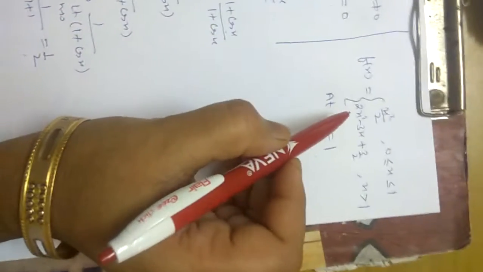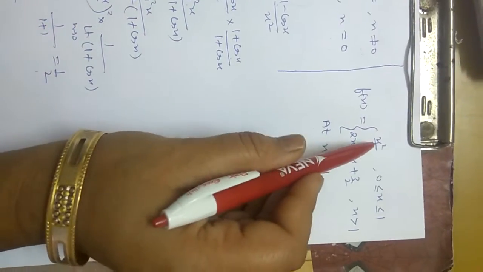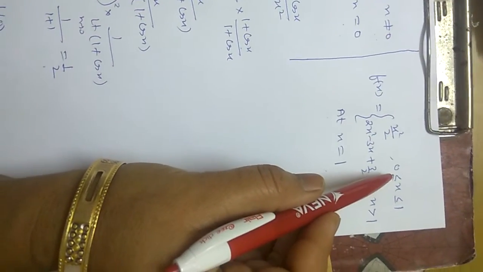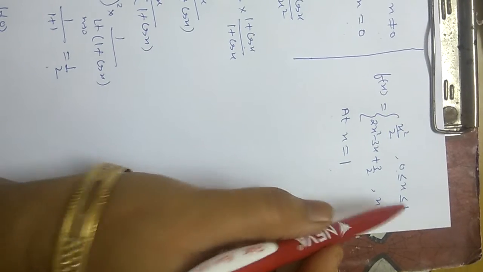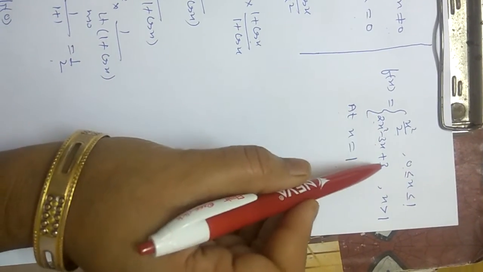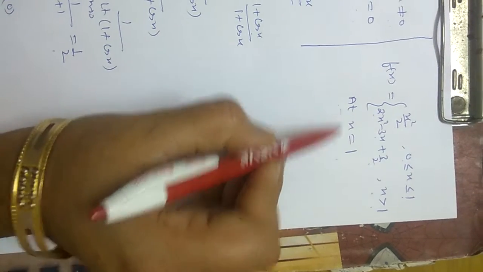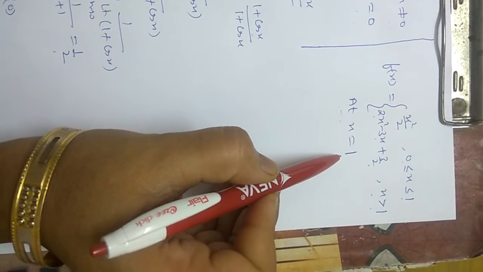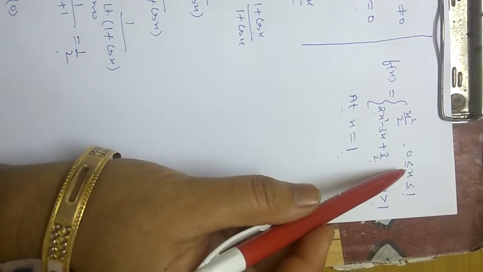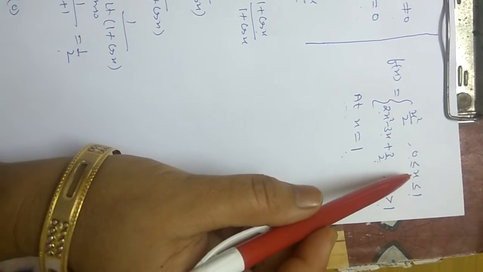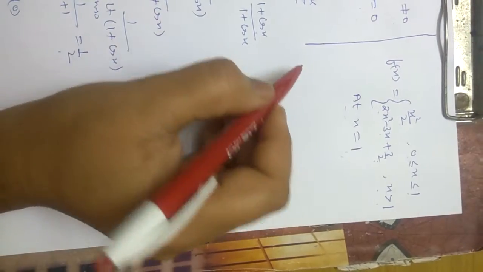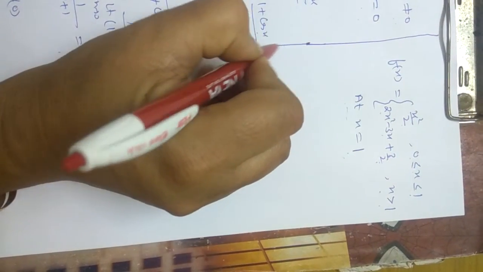And now see the second one. In the second one, we have f(x) is equal to x square by 2 between 0 and 1 closed interval, and 2x square minus 3x plus 3 by 2 when x is greater than 1. We have to check at x is equal to 1. Because the function is divided into partitions, here we are required to find the left hand limit and the right hand limit.